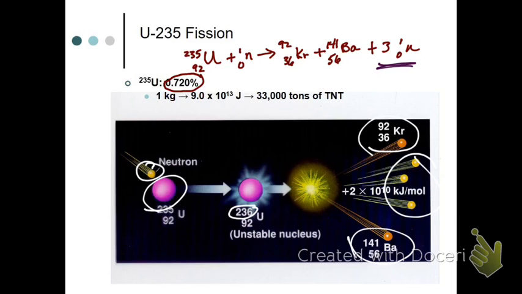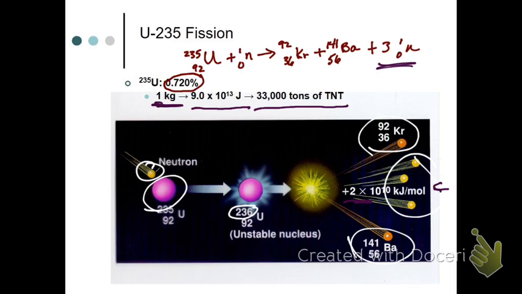And so, for example, in this particular case, for each nucleus that's split to form the krypton and the barium, we get a release of 2 times 10 to the 10th kilojoules per mole. And so roughly 1 kilogram, and we're rounding off here, but if we take 1 kilogram of uranium-235 undergoing this particular fission reaction that releases the energy given here, which is comparable to 33,000 tons of TNT.